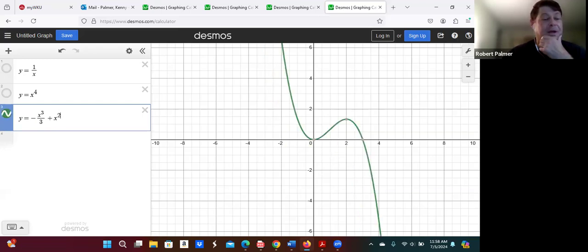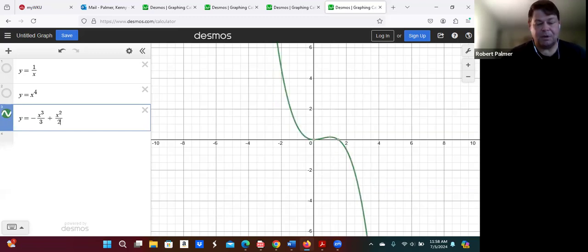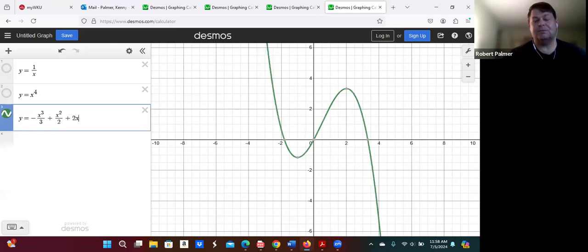Always make sure you use arrows to get out of the exponent when you do that. Once again, if you've already seen my previous video on the first derivative test, we found the critical values there. Our critical points are going to be at -1 and 2.